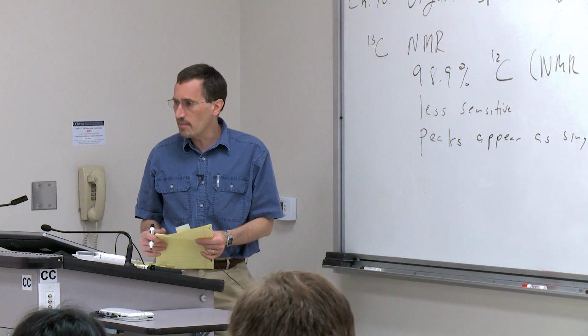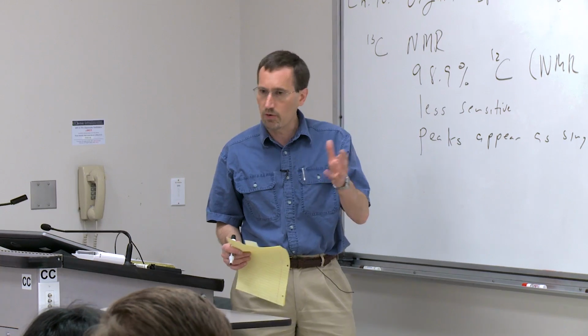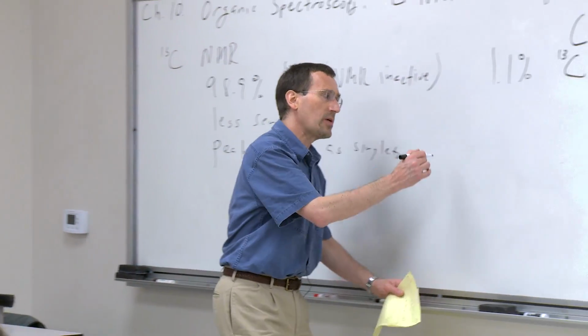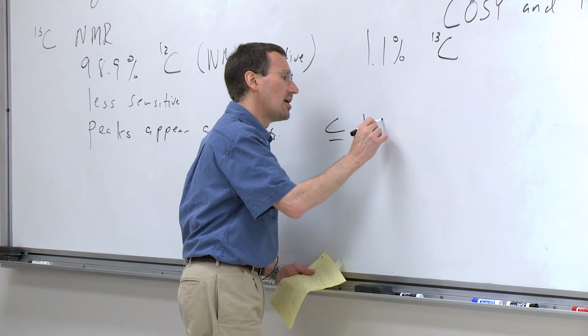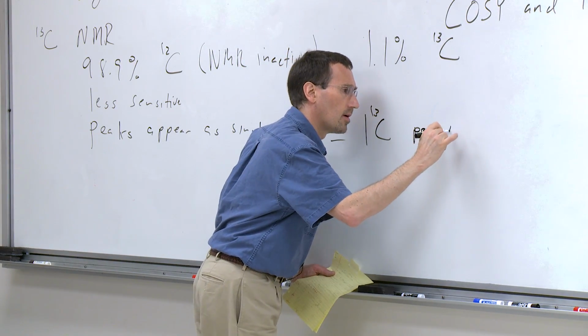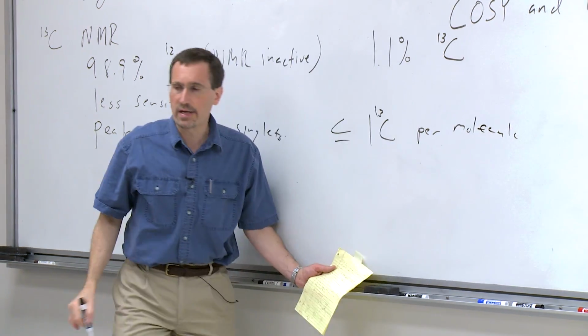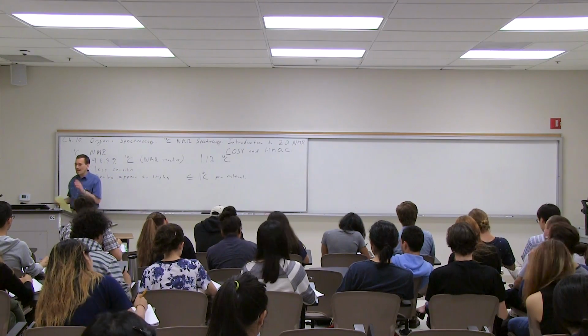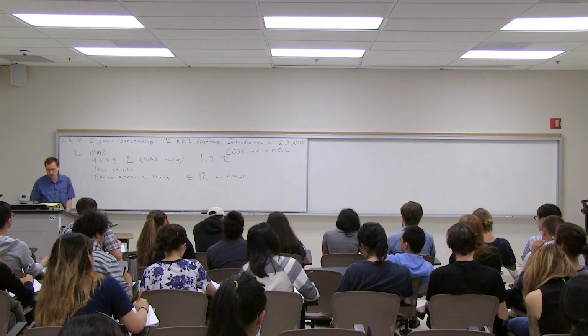In C13 NMR, unless you have a very big molecule, there's going to be either 0 or 1 carbon-13 in a molecule. You're virtually never going to have a C13 next to another C13 or nearby to another C13, so you won't get spin-spin coupling.